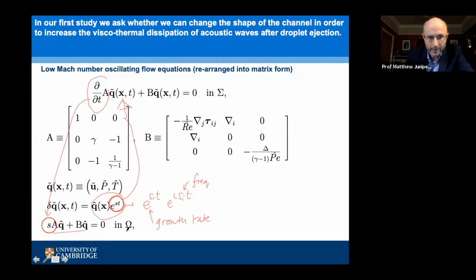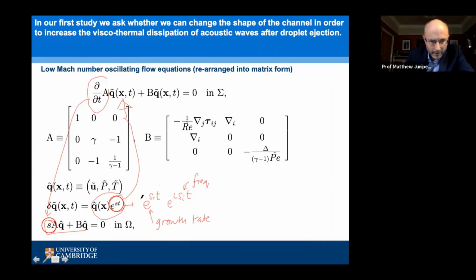And that you'll recognize as a matrix eigenvalue problem, a generalized eigenvalue problem. So this can only be solved for certain values of s, and each value of s has a certain function that it corresponds to. So this is a typical solution to a wave equation where we're saying there are certain frequencies and growth rates, and they correspond to certain mode shapes for this device, much as we'd expect.